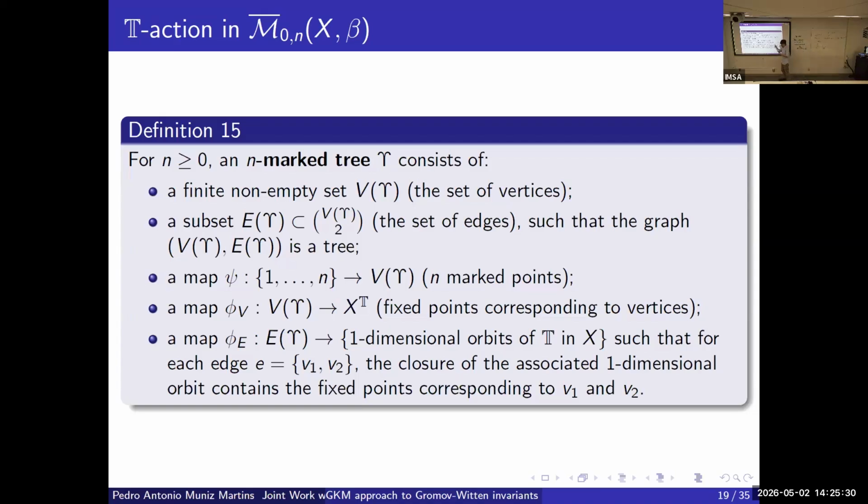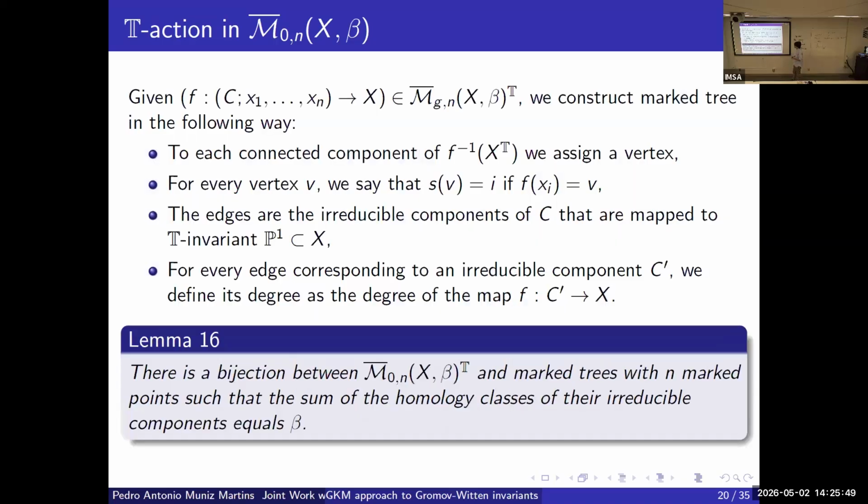Furthermore, we have degrees on these trees, and the degree is associated to the class of the irreducible component of the curve when you push it forward to the space and equals b. This is a marked tree, and there is a bijection between the fixed locus of the moduli space of stable maps and this kind of trees with some properties that I will explain.